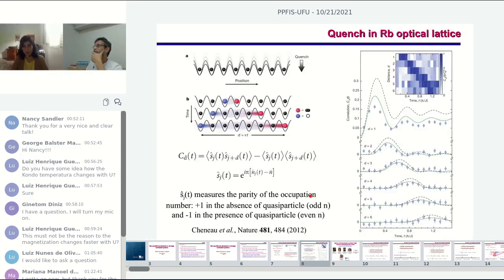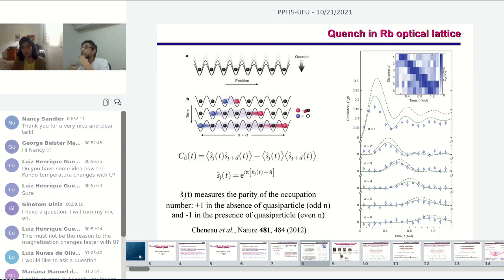Okay, so now we have the experimental results that I mentioned. As I said, in the beginning, the barrier was high, and then they suddenly decreased it. And the discussion they did in the paper was that they could understand what is going on as a function of time by defining two quasi-particles.